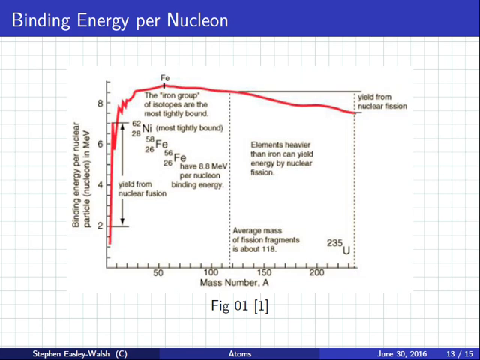Now, just so you know, you sometimes hear people talk about heavy atoms and light atoms. That's where this graph comes from. You see this line here at 118? If you have more than 118 nucleons, we call this a heavy atom.